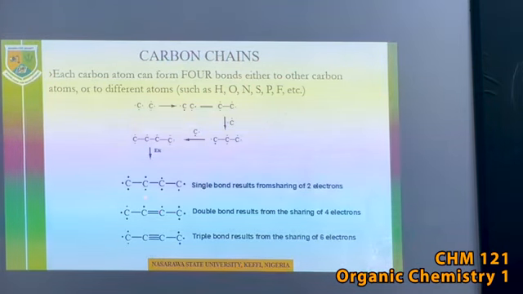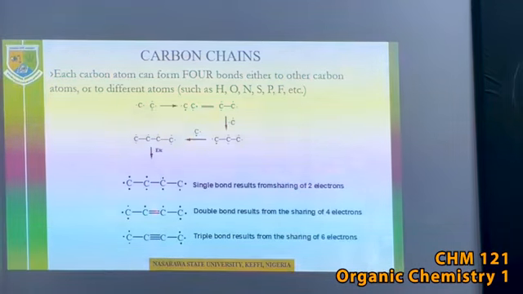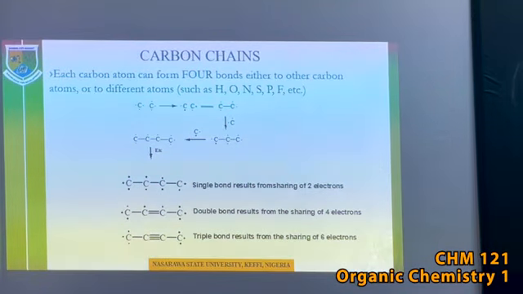So there is further possibility of extending that structure. In the case of double bonds, we have 1 here and 1 here forming that double bond, as we saw in the case of ethane.